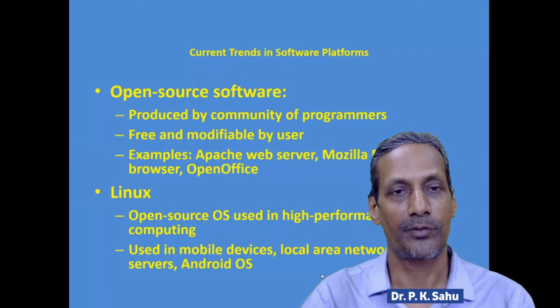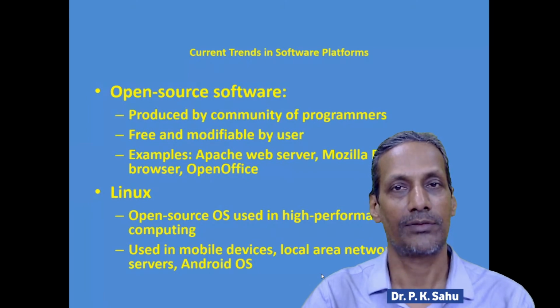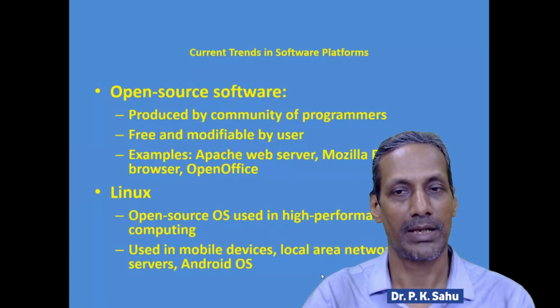Open source softwares are produced by a community of programmers. It is free of cost and modifiable by users of that software. The best example can be OpenOffice or Mozilla Firefox browser. They use open source software for its development and for its working.